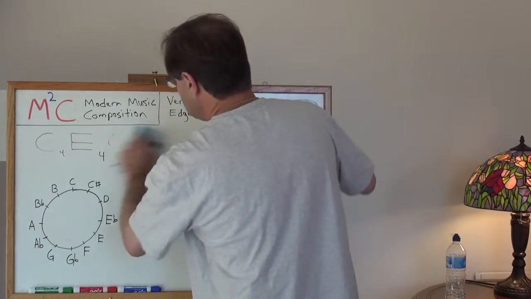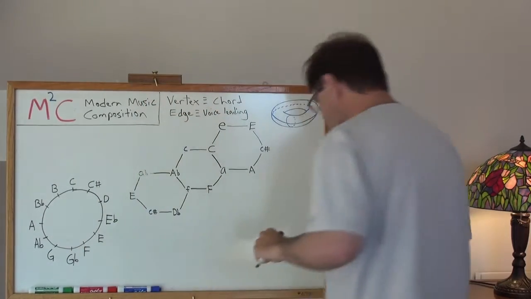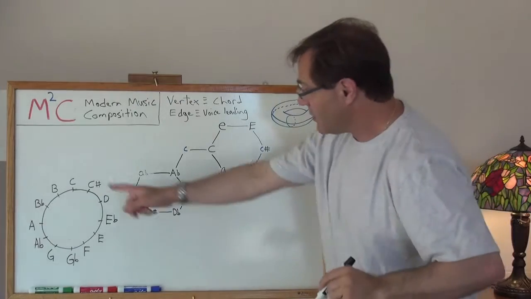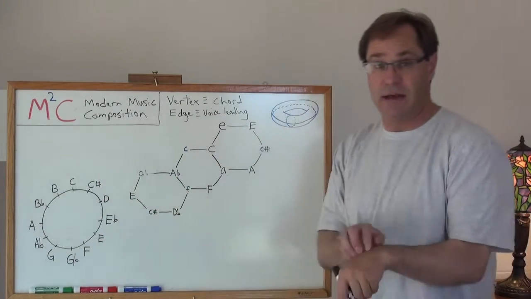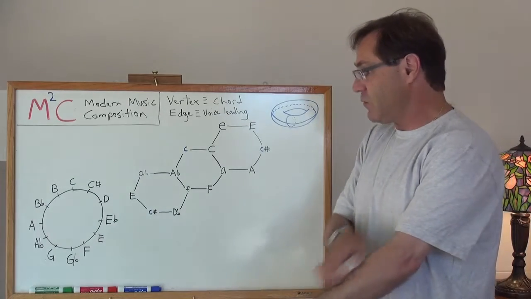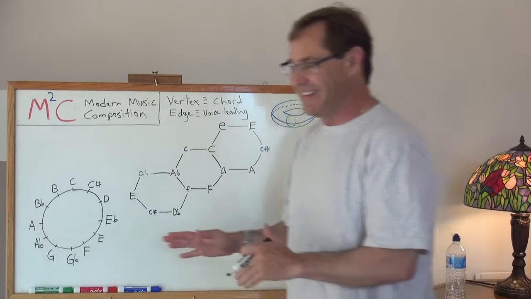Let me map out the augmented triad on our chromatic scale diagram, which is written in circular format. Now this is not a circle of fifths. You know what we're going to be doing: we're going to be calculating a set class.